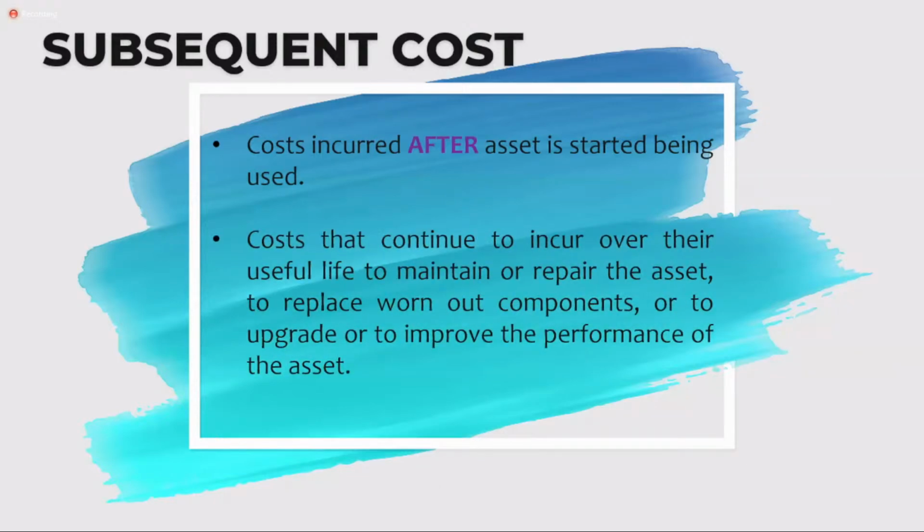Costs that continue to be incurred over their useful life to maintain or repair the asset, to replace one of the components, or to upgrade or improve the performance of the asset. Bila kita dah guna setahun, kadang-kadang ada rosak, ada macam-macam. So second year you kena repair. That will be the subsequent cost.